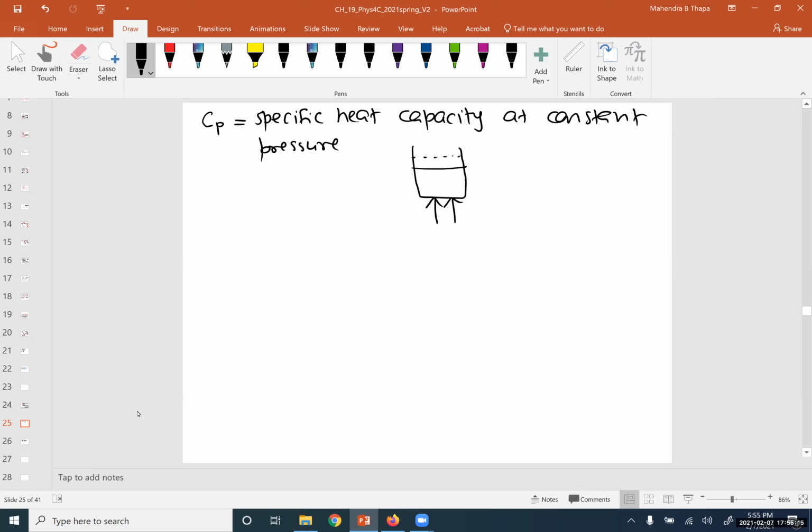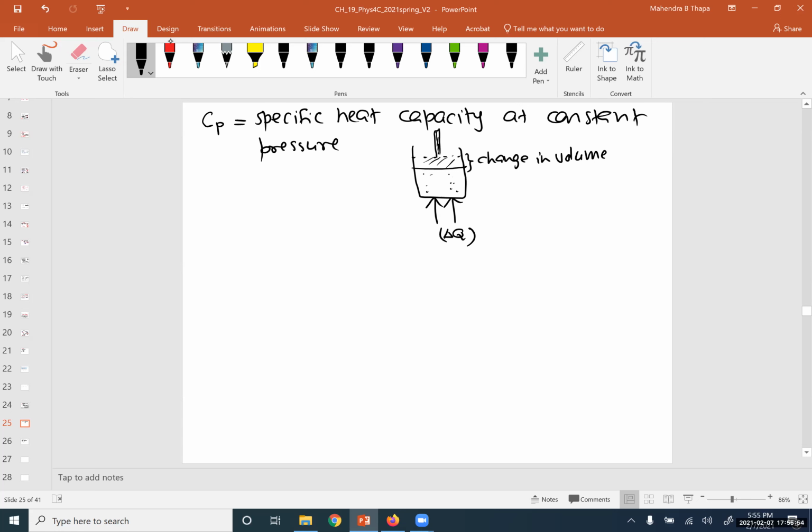Okay, the piston could go up. This is the piston. So there is a change in volume. This part will be the change in volume of the gas. And the heat supplied will be dq. Then its volume is changing, which means its temperature will also change.